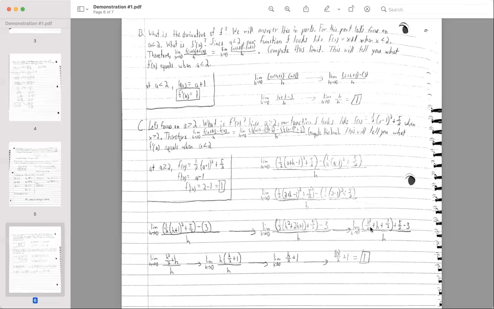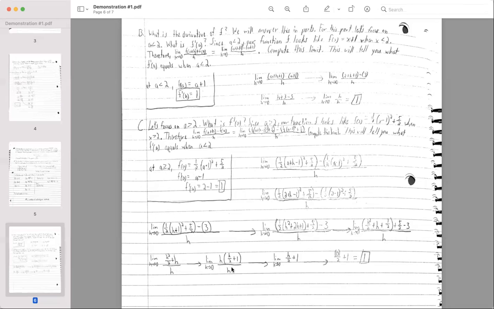I multiplied the half out and made it h squared over 2, got rid of the 2 in front of the h, and then the 1 became a half. And now that you've done this, you can combine all 3 of these terms. So that would be half plus 5 halves, which is 3. And then minus 3, that all actually cancels out and leaves you with just this h squared over 2 plus h. And again, that is still all over h.